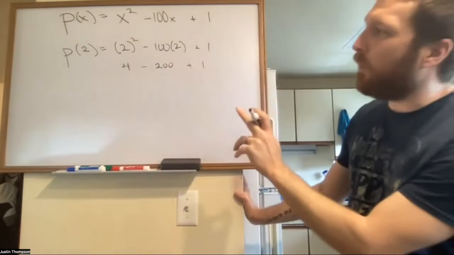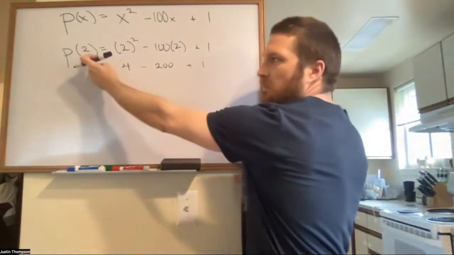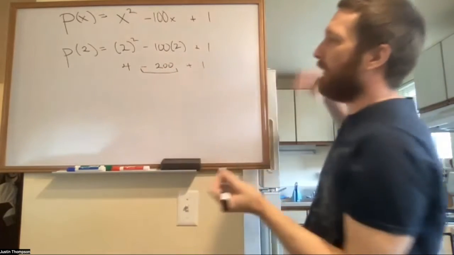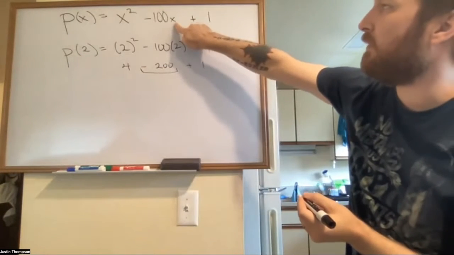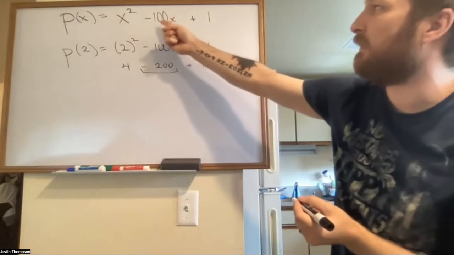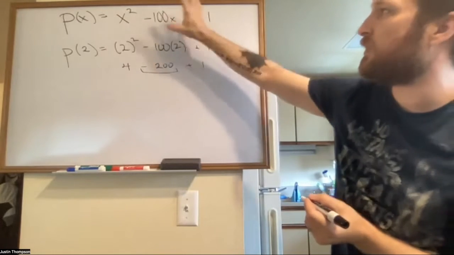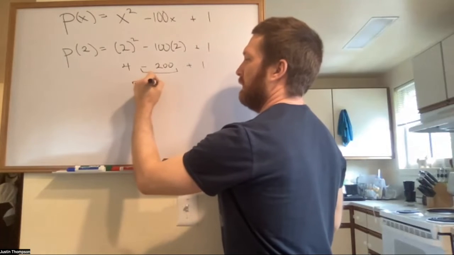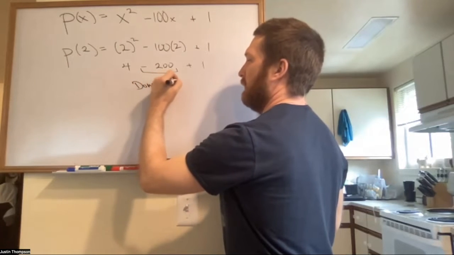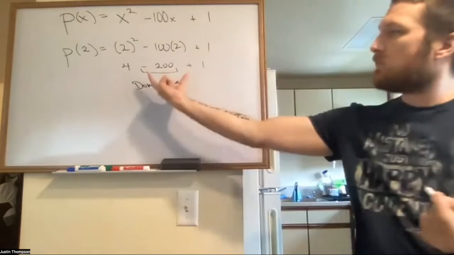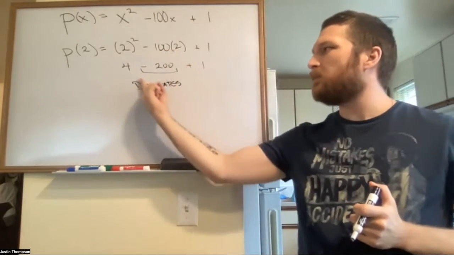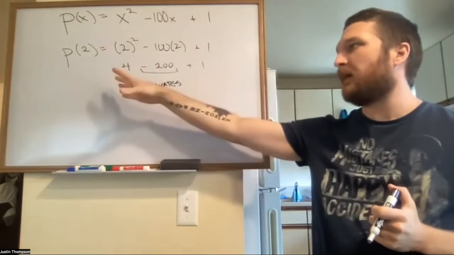Right now, when the input is small, this term right here, and by term I mean the variable and its coefficient, the x to the first term, dominates. This term dominates the expression. It's much, much bigger in magnitude than everything else.